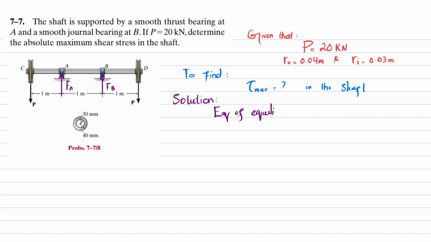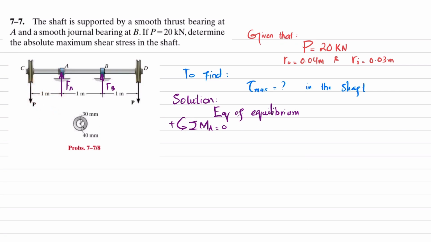I hope that you will be able to solve this, but I will solve it. Sum of all moments at point A is equal to 0, taking the counterclockwise moment as positive. About point A, one force is this one, and the perpendicular distance is 1 meter, and that will produce counterclockwise moment.